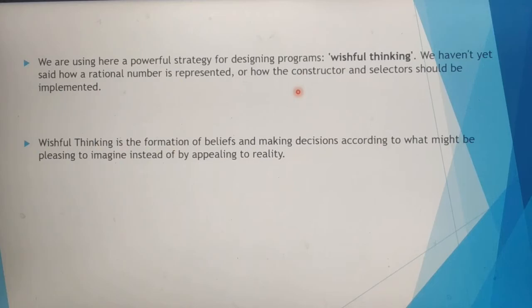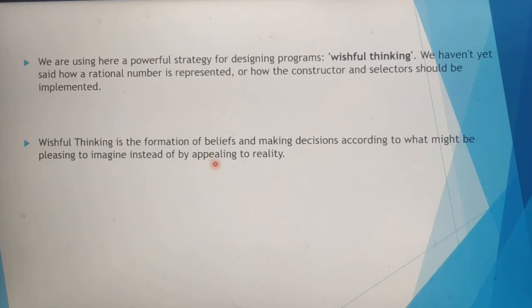We just imagined some information and took decisions, without producing any real or evidence values. Wishful thinking is the formation of beliefs and making decisions according to what might be pleasing to imagine instead of appealing to reality.